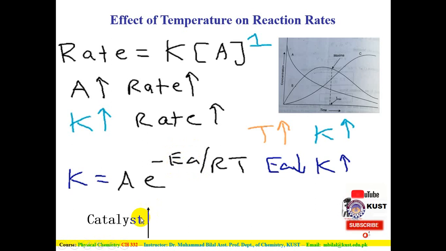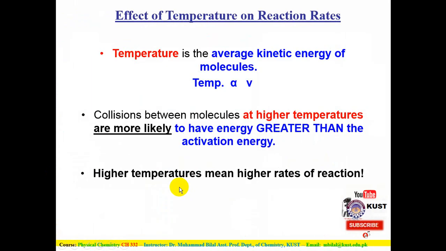So by adding a catalyst to the reaction, the rate of the reaction increases. So we discussed that temperature affects the reaction rate. Now we will explain this in two ways: directly from experimental results, and by the Arrhenius equation.